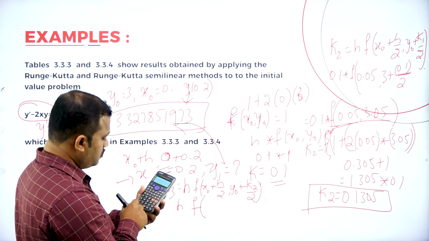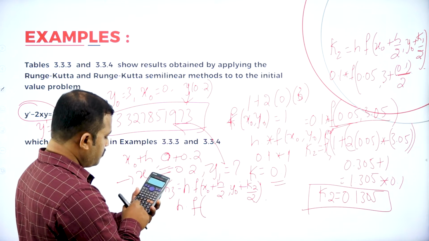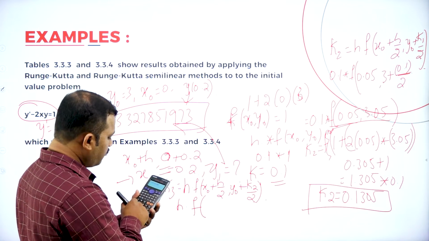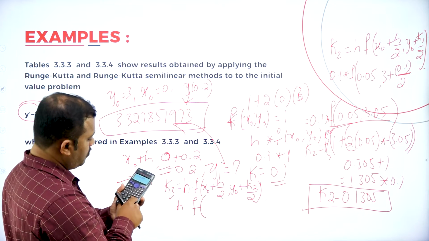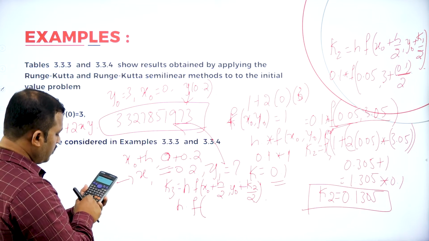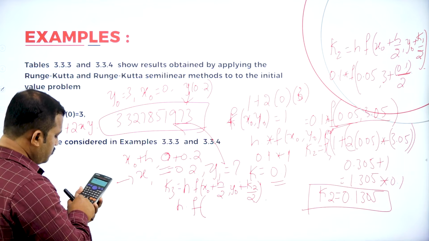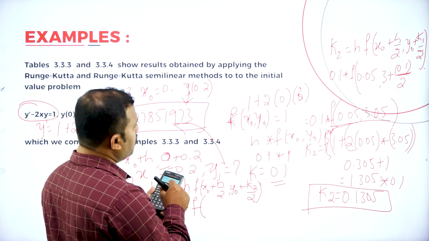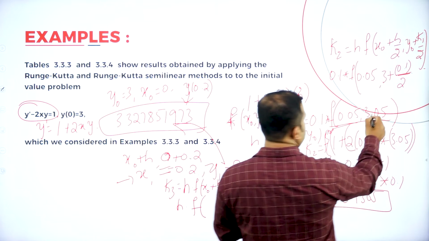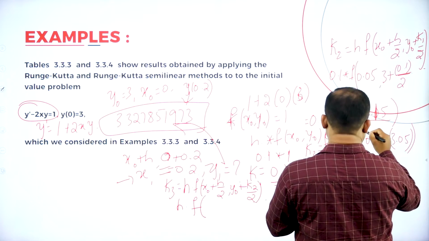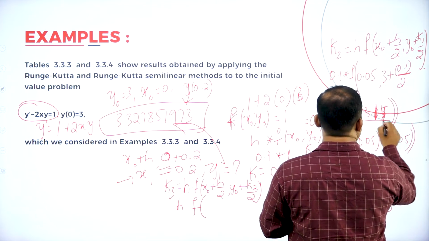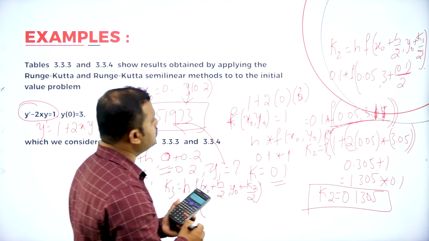k2 is equal to 1 plus 2 times 0.05 into, that is 0.2 divided by 2, you will get the value 0.1. That is 0.1, plus 3, that is 3.1. We have to use this.